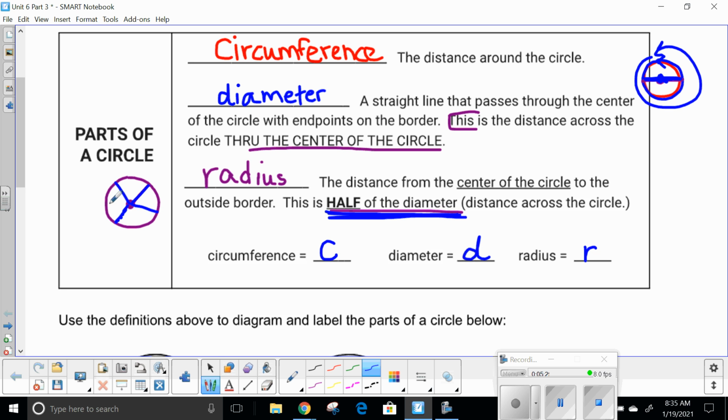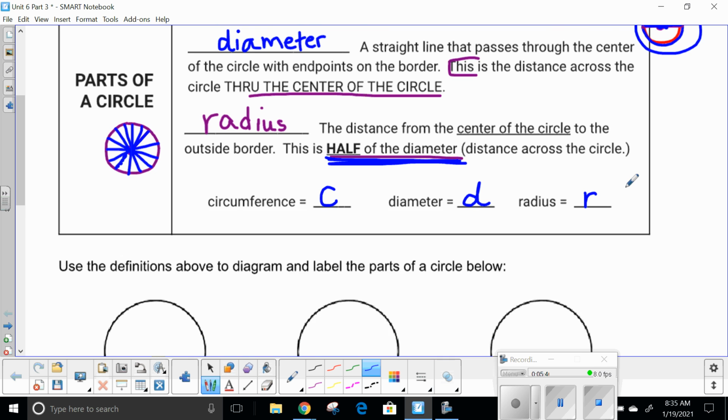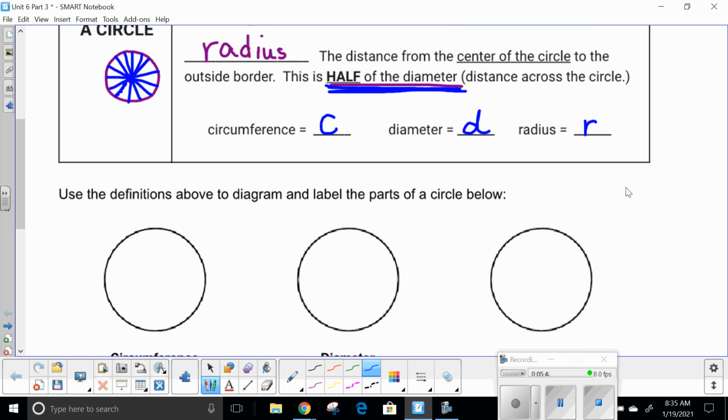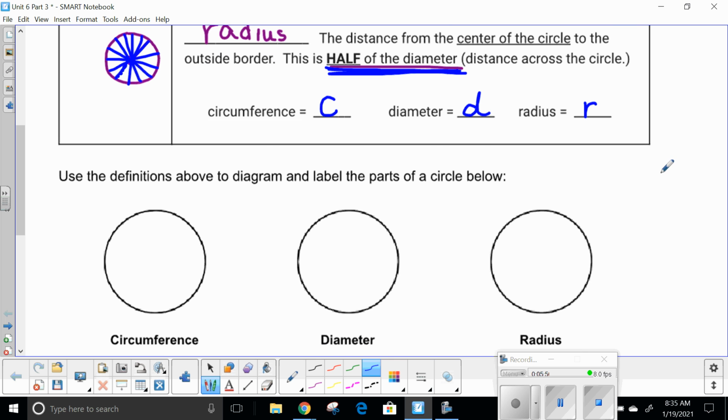Now there can be lots of radius, or radii, I guess is what you call it. We could have lots of radius, like the spoke of a bicycle. It doesn't matter. A circle's a circle. It has no start, it has no end.